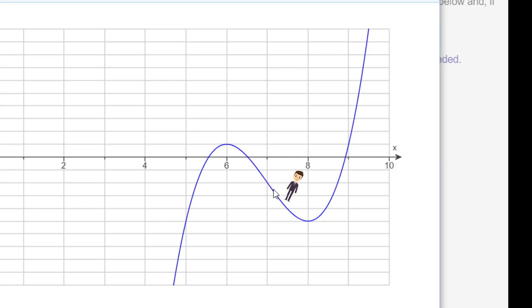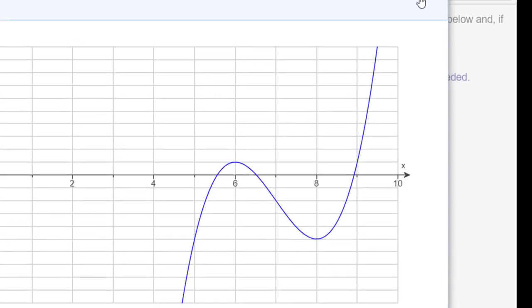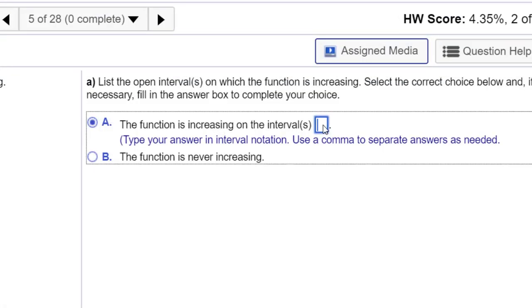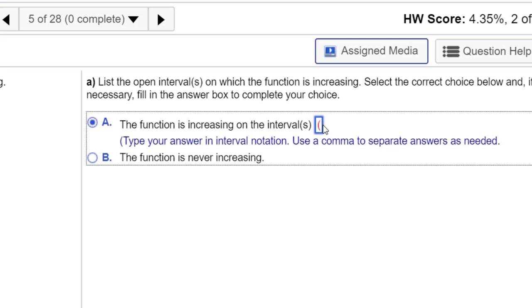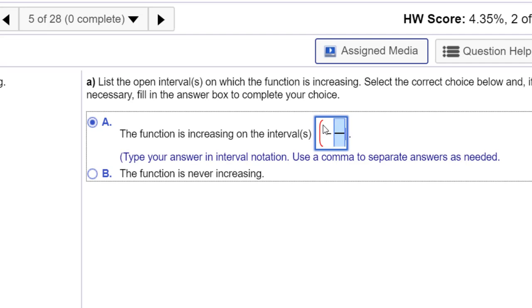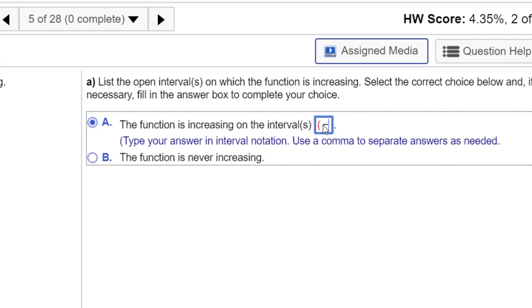You only tell the x values when you're talking about increasing and decreasing intervals. That's what you'll want to put in for your increasing and decreasing intervals, and you'll type it using interval notation as best you can. So negative infinity to 6 is where you're increasing, and just put a comma to separate your answers.